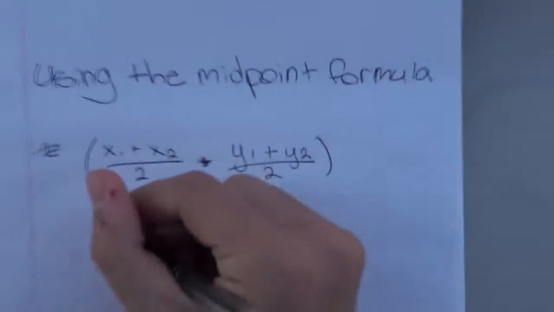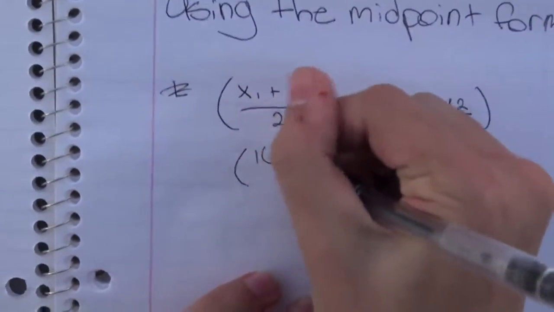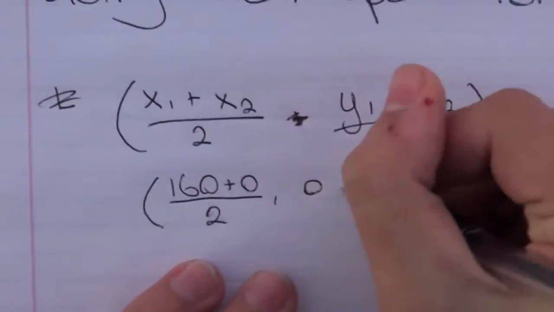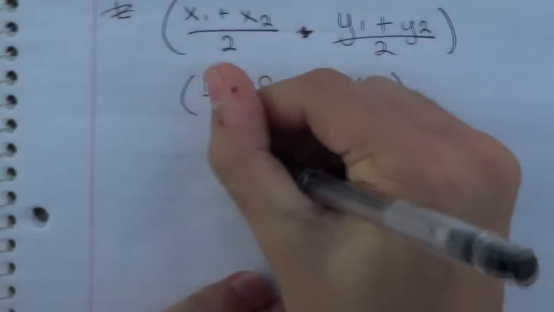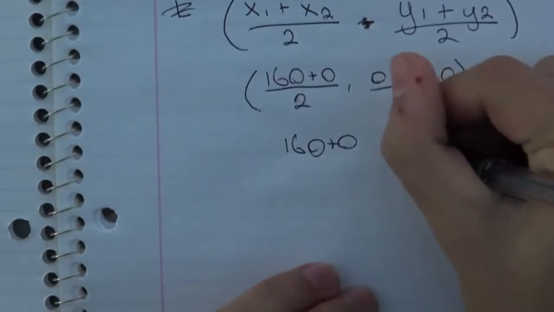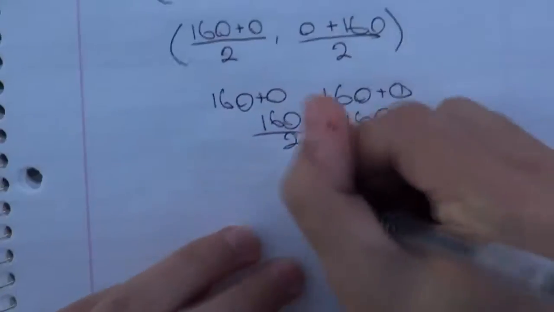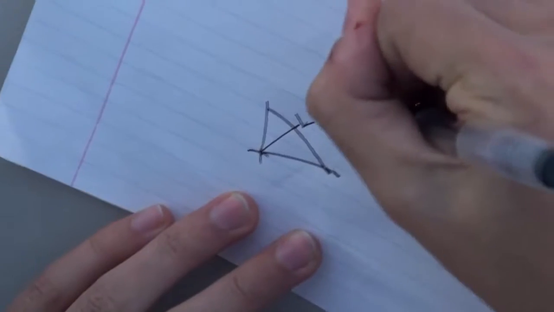Now you substitute, of course, with 0 and 160. Now you simplify: 160 plus 0, divide by 2, and you'll get 80, 80. L, which was the midpoint, is equal to 80, 80.